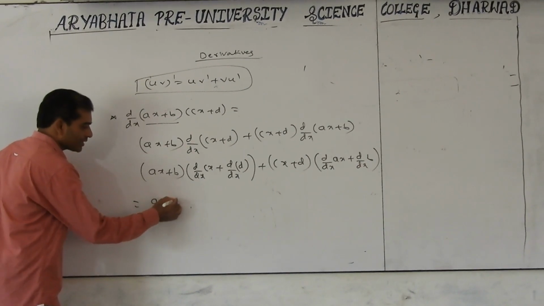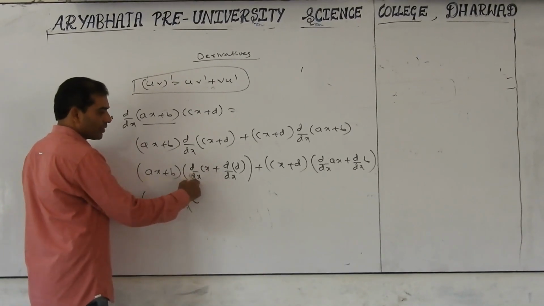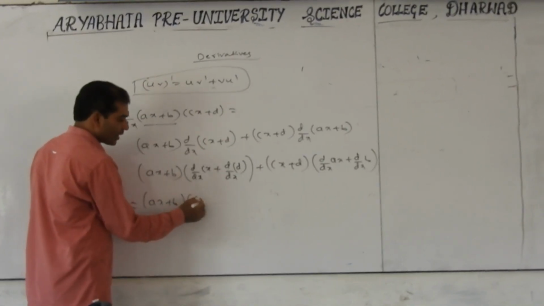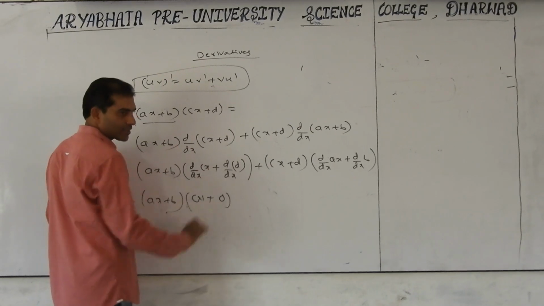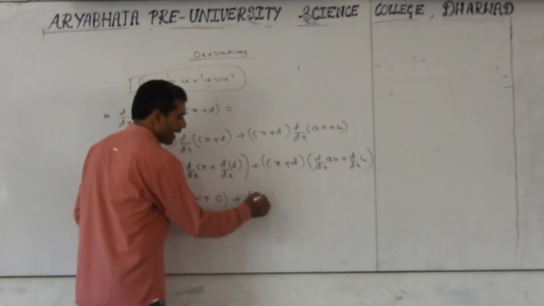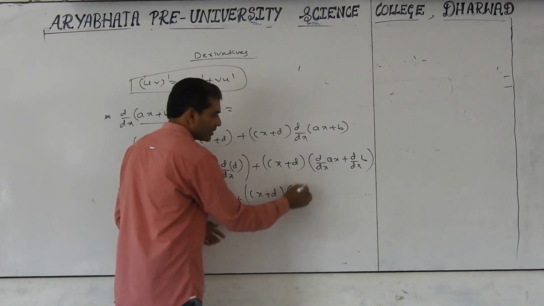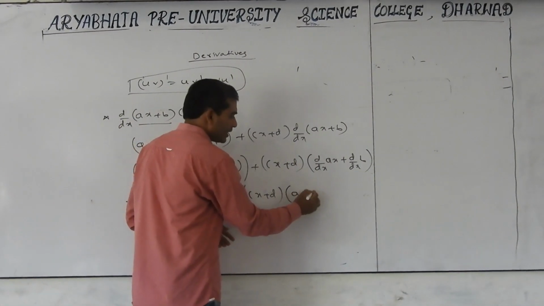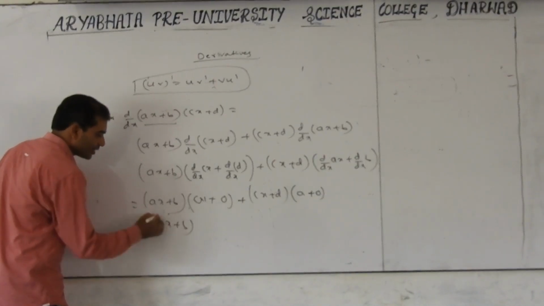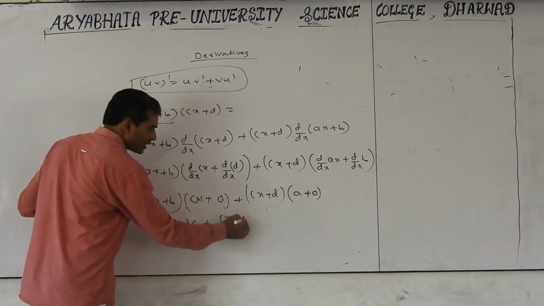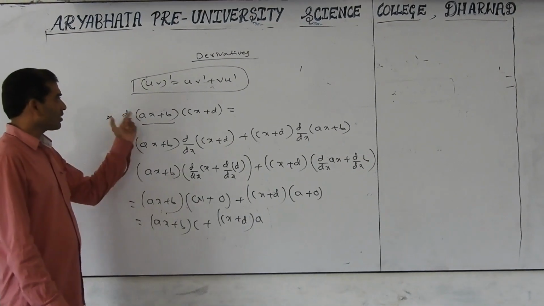Now (ax + b) times c is constant, x derivative with respect to x is 1, so c into 1, plus d derivative with respect to x is 0. Why? Because it is constant. Plus (cx + d) into ax derivative is a into x derivative 1, plus b derivative is 0. By multiplying here: (ax + b) into c plus (cx + d) into a. We multiply it. Okay, this is the differentiation of this.